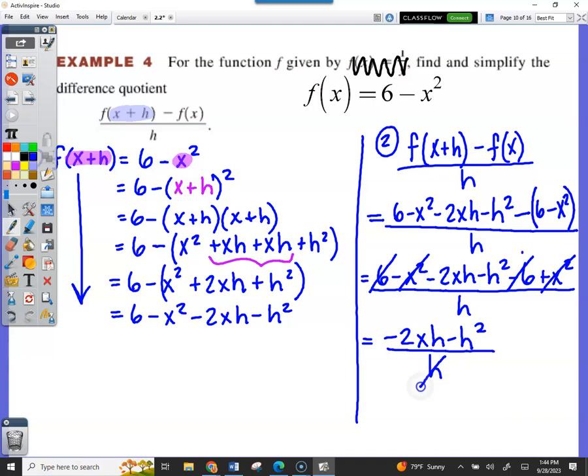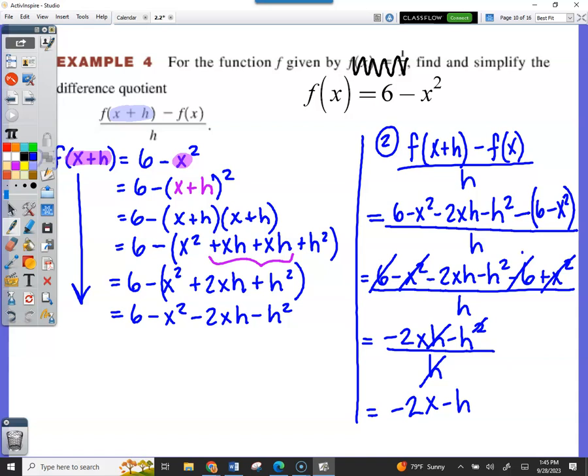So this h will come out of that term and one of those. So I would be left with negative 2x minus h. That's 2x, 2xh. And that would be the answer.